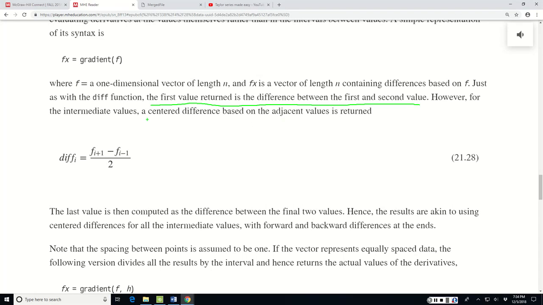For the intermediate values, it uses the centered difference, so it uses the two adjacent neighbors to calculate the center difference. And for the last value, it's going to calculate the difference between the two final values. So the result is basically using centered differences, which are more accurate for the intermediate values, but then using the forward and the backward differences for the two values at the beginning and the end.